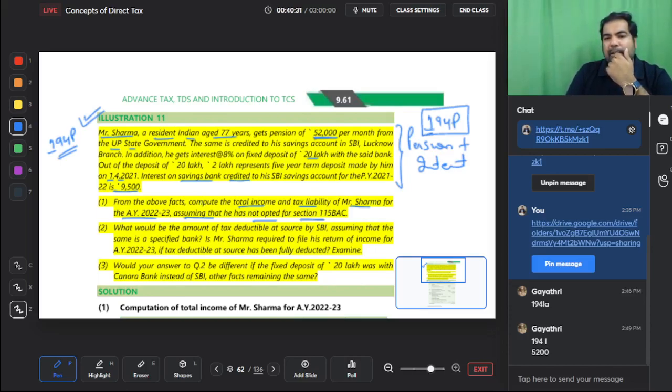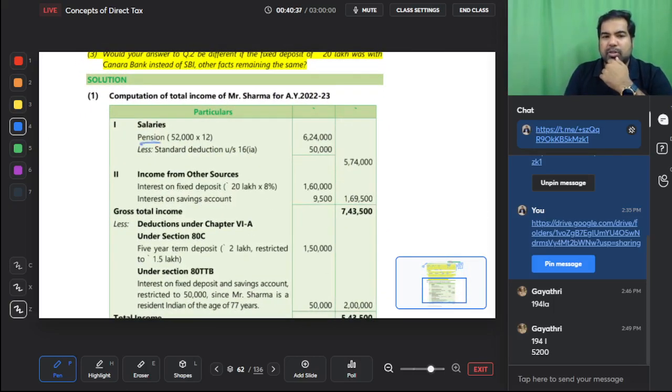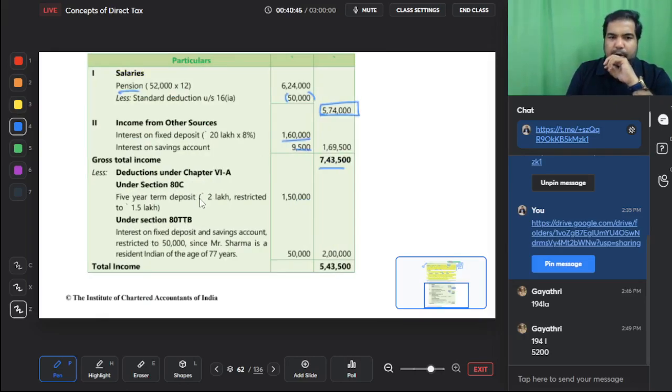And while calculating pension, you'll have to minus standard deduction, because that is salaries. So I'm just showing you the calculation here. Pension less standard deduction, this is salary income. Interest on FD, interest on savings account. From that 5-year term deposit, you'll minus 1.5 lakh because it was made in this year, and you'll get 80TTB. So this is the total income.